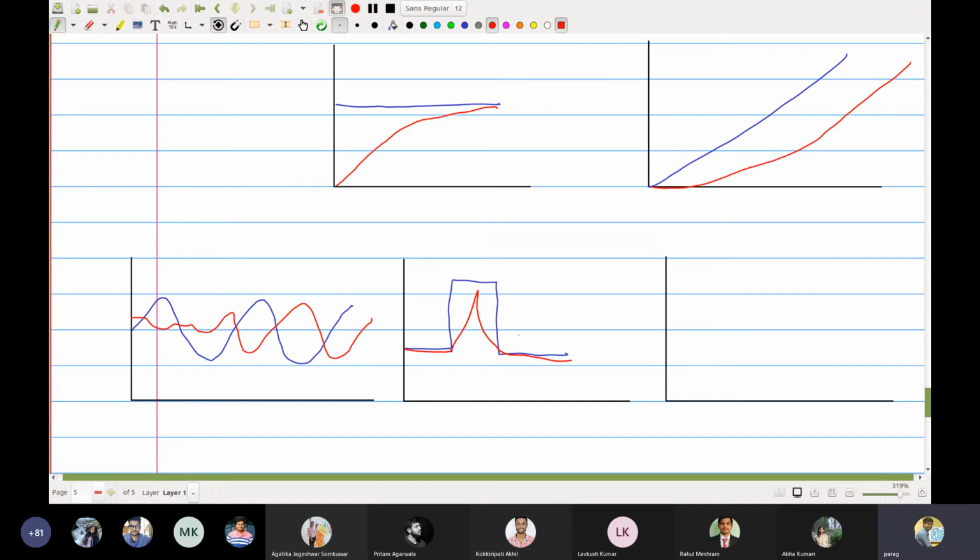This is the pulse input. And impulse input, which is ideally, it's very difficult to draw. Yeah, this is like the impulse input and the output would look like this.